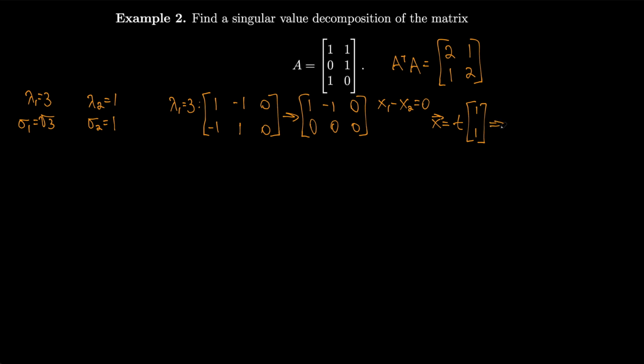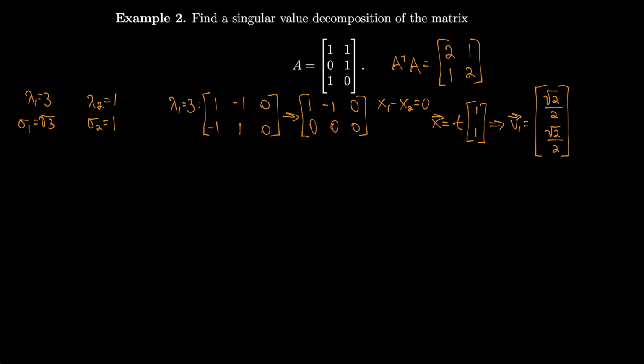In any case, we'll get a vector 1, 1, and we can normalize it to get a normalized vector so we can get an orthogonal basis. So we'll get v1: when we normalize 1, 1 by dividing by its length, we get square root of 2 over 2 and square root of 2 over 2.